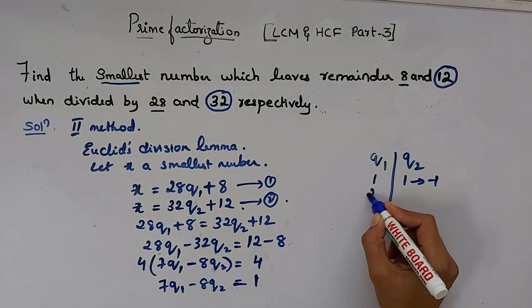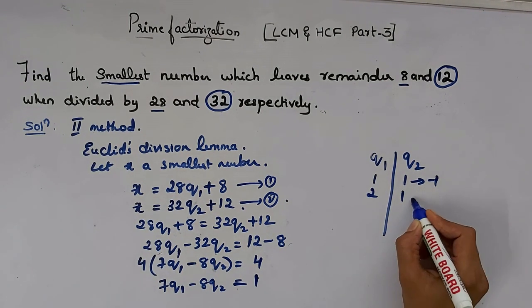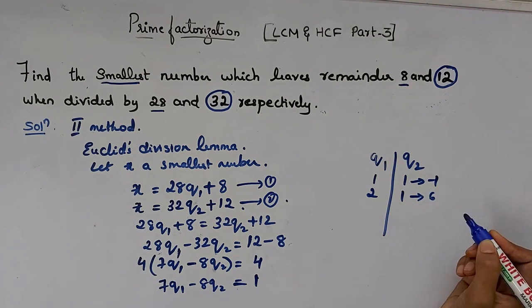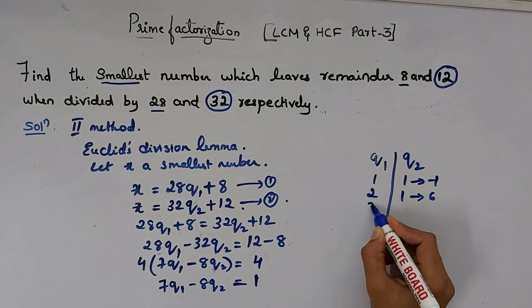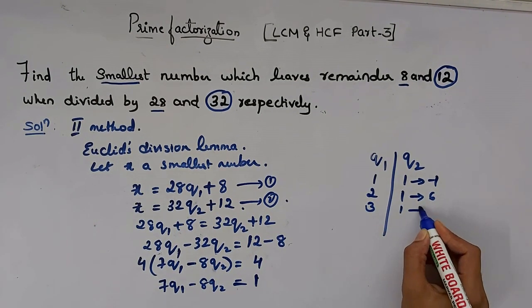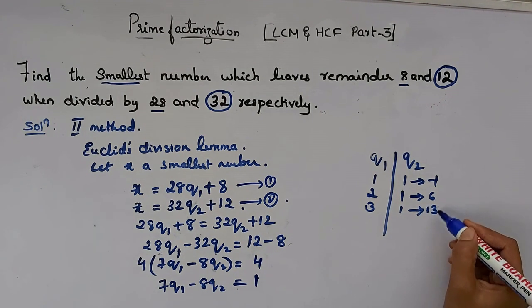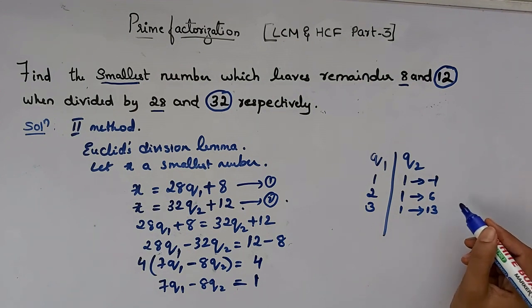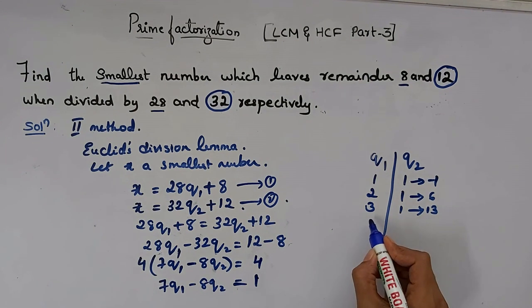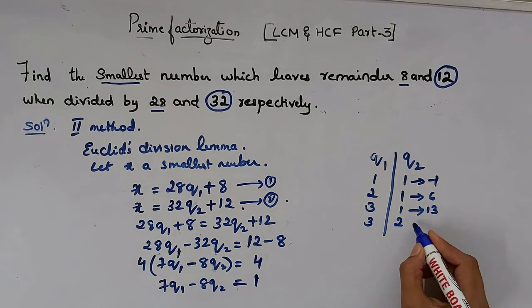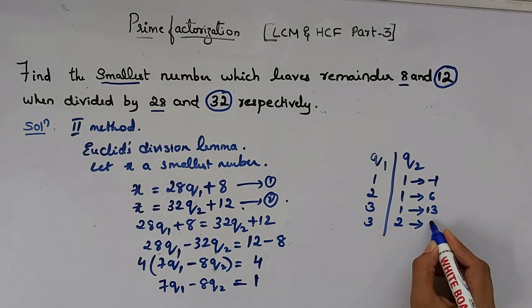So let's do 2 and 1. So this will give you 6. 3 and 1. So this will give you 13. So here 6 and 13. So this number is increasing. So now we have to increase this value. So 3 and 2. 3 and 2 will give you 5.